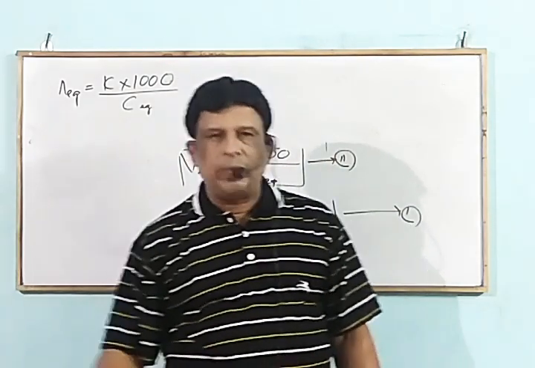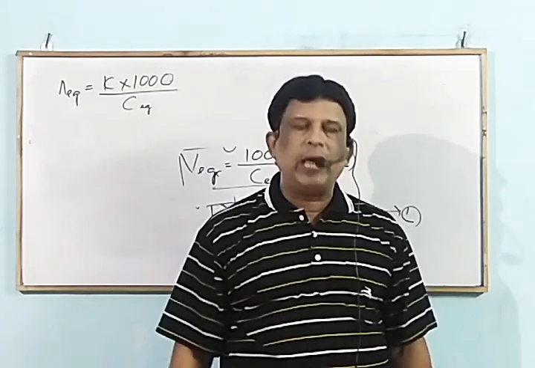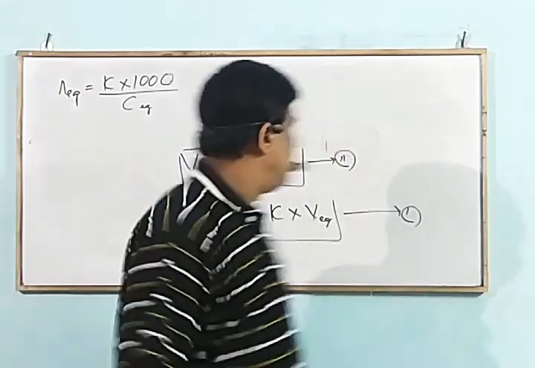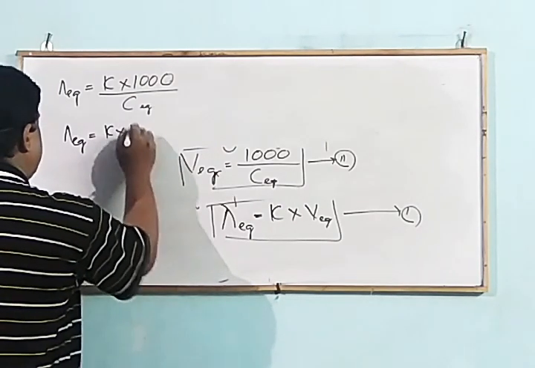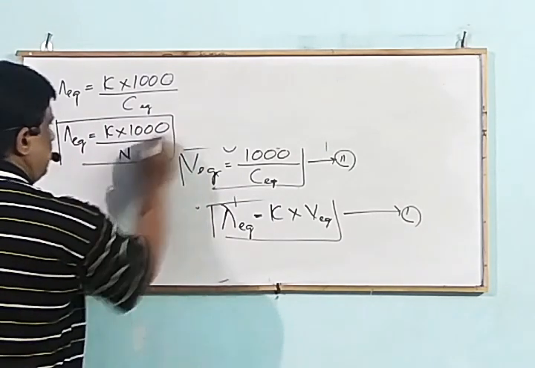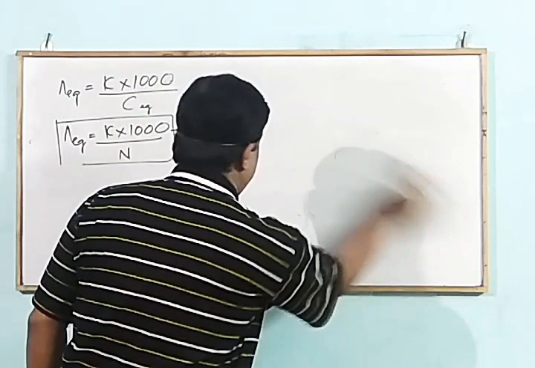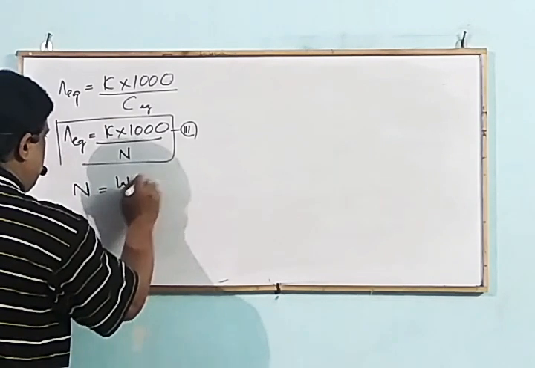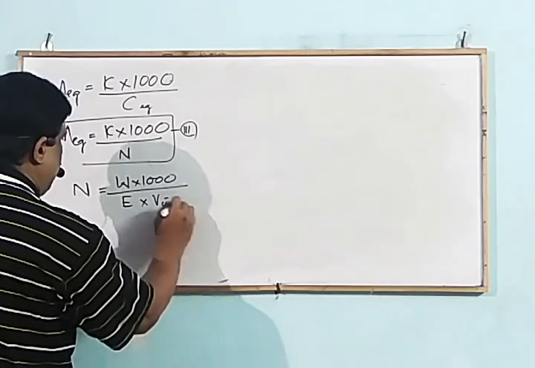When 1 gram equivalent of electrolyte is there, the better way to express the concentration is in normality. Hence our equation becomes equivalent conductance is equal to kappa into 1000 by N. Equation 3. Mark that. Where N is normality, equal to W into 1000 by E into V in ml.